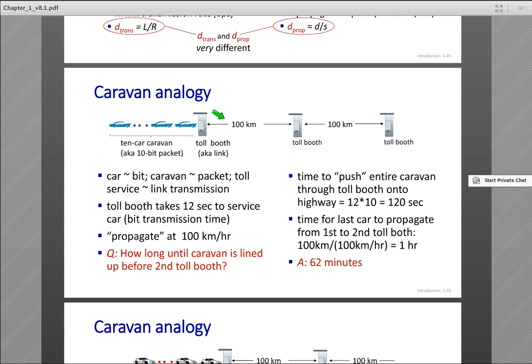And in the highway, our speed is 100 kilometer per hour. Speed of each car is 100 kilometer per hour. Okay, so the question is this.